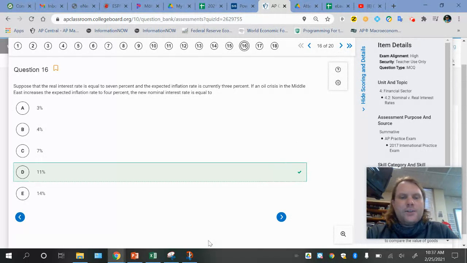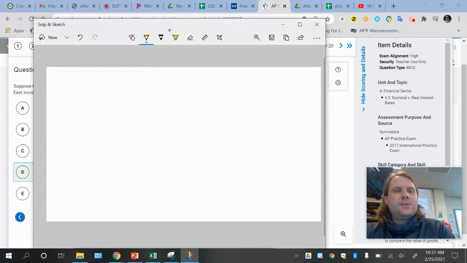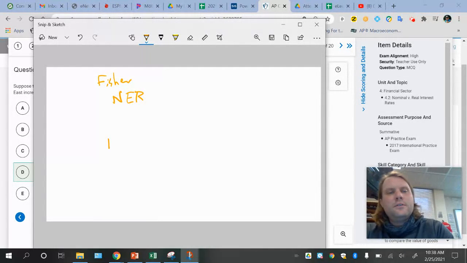All right, for this question we're going to go back to our Fisher equation. And they add some silly words. So the Fisher equation, remember, in case you didn't see the first one, we're going to change that into NER: nominal minus expected equals real.